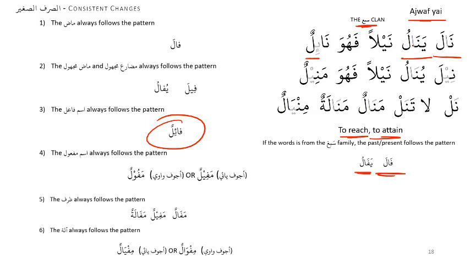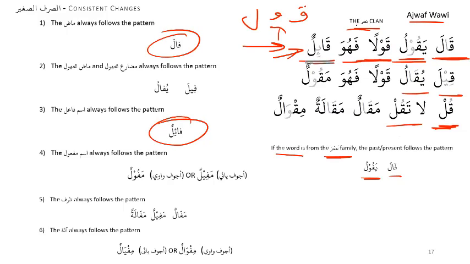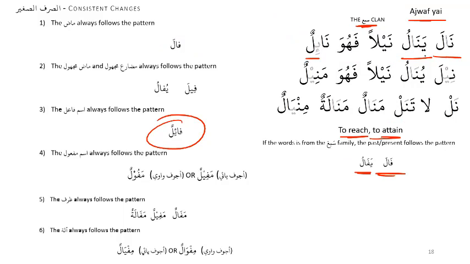The previous one was in the Nasara yansuru clan, that's why we have yaqulu. But here we have yanalu because this is Sami'a yasma'u, which we can call the zabar in the middle, meaning you have the fatha followed by alif. As far as the commands are concerned, it's simply nal and la tanal. The ya in the middle is dropped.